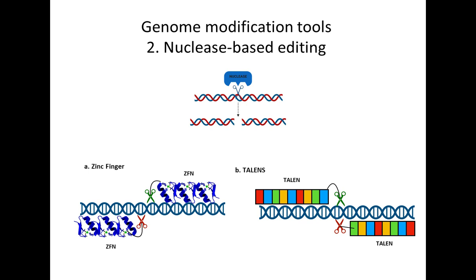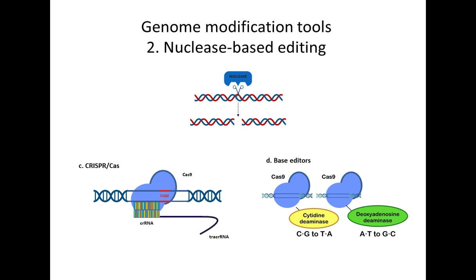So zinc finger nucleases on the left, their DNA binding domain consists of this array of zinc finger DNA binding domains, and for the TALENs, the DNA binding domain is composed of these repeats derived from transcription activator-like effectors. Both of these types of platforms require a lot of protein engineering and complex synthesis, so this has really limited their widespread adoption. But between these two platforms, ZFNs have been the most extensively developed for therapeutic purposes, and in fact were the first ones to make it to patients.